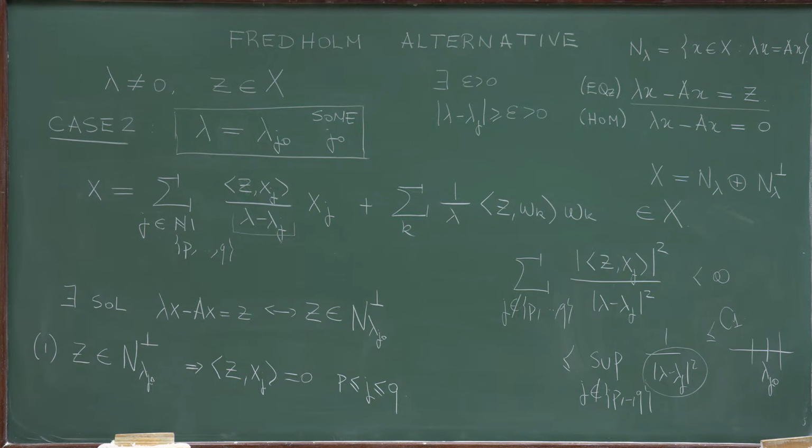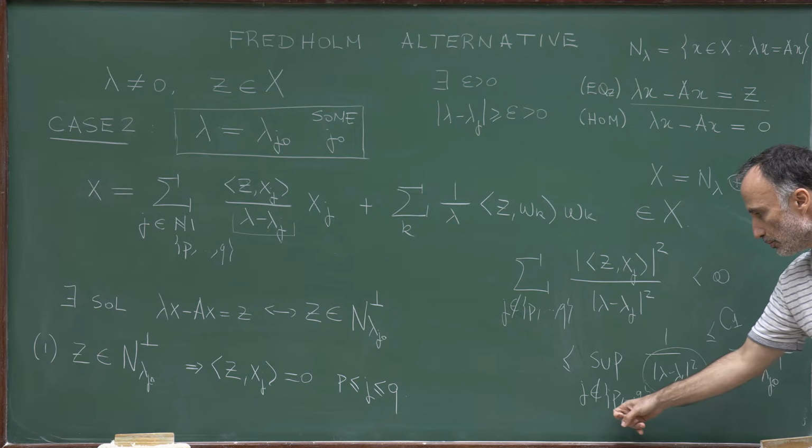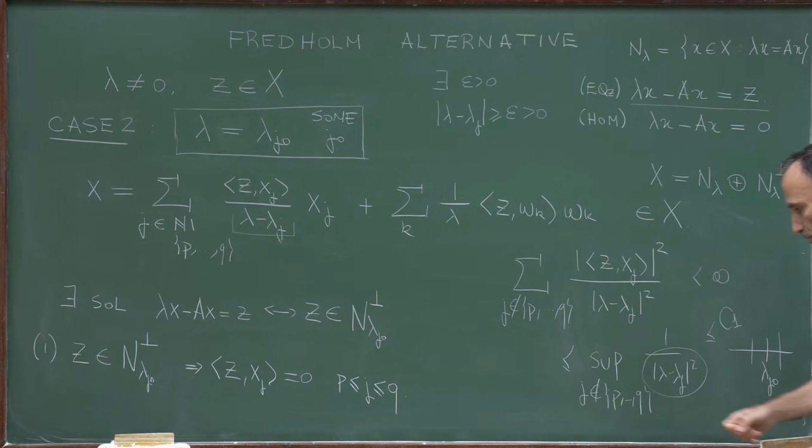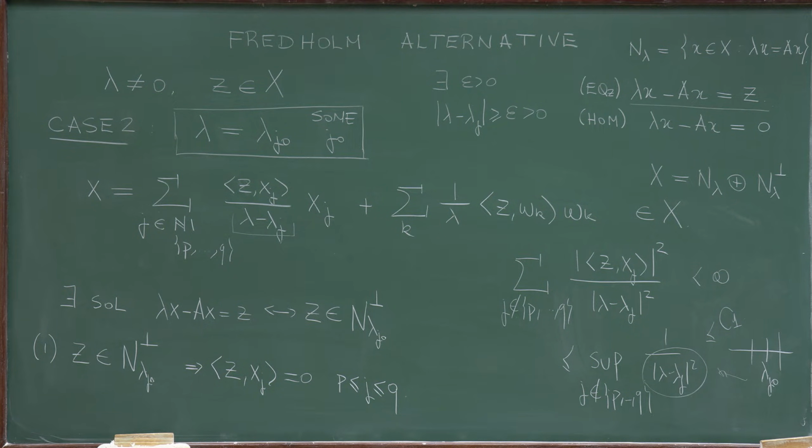So let me repeat this argument. When I'm removing from this supremum all j's between p and q, I'm removing all eigenvalues which are equal to lambda j0. And by removing them, if I look at the absolute values, I have one which is strictly larger than lambda j0, one which is strictly smaller than lambda j0, and no one in between, because this sequence is converging to 0.